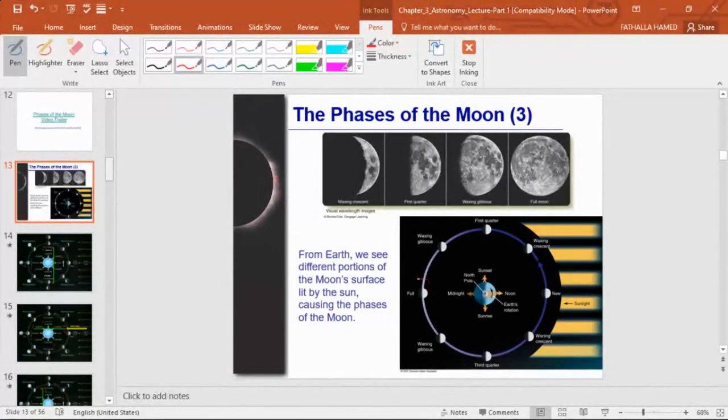But when there is a full moon, when the Moon is opposite to the Sun, the half of the Moon that is facing us is receiving sunlight, and that's why we see a full moon in the sky, a disk.